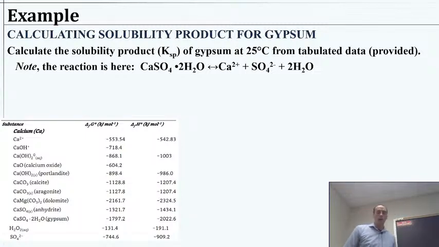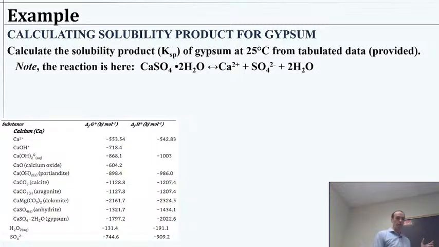Okay, one more practice problem here. We're going to calculate the solubility product. So KSP, this is just another equilibrium constant. We're going to do this for gypsum at 25 Celsius from the tabulated data provided here. And the reaction is gypsum, which is calcium sulfate, CaSO4, with 2 waters.